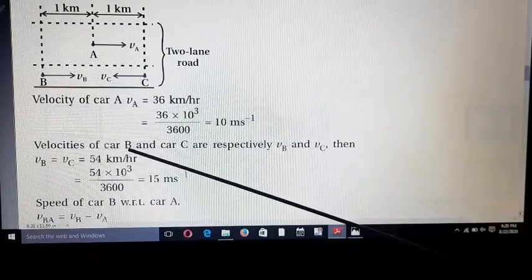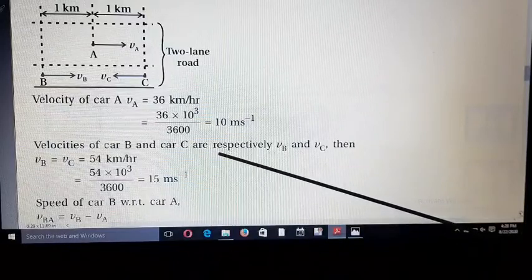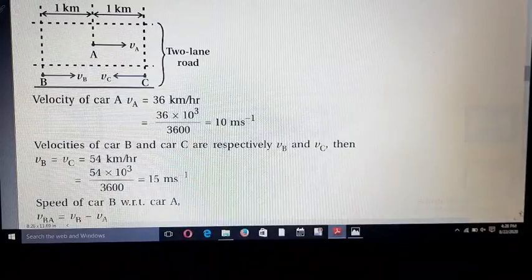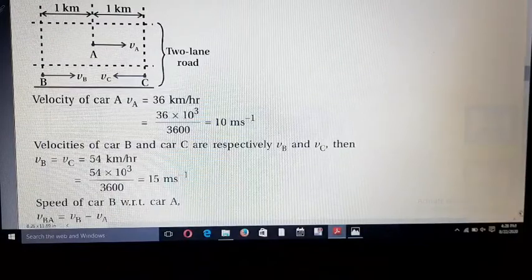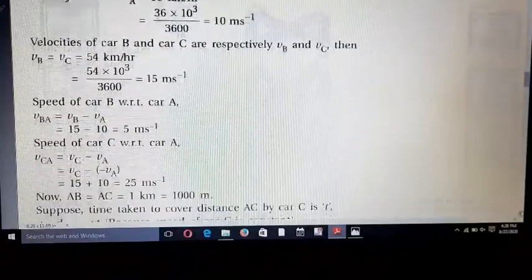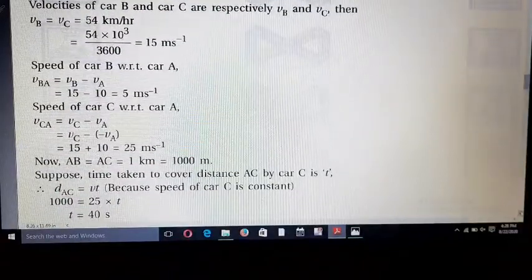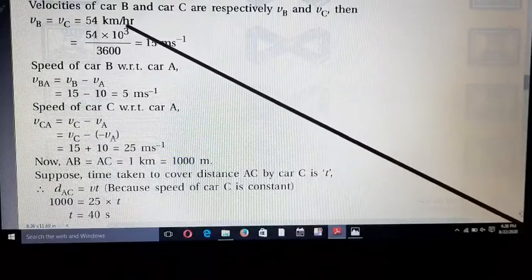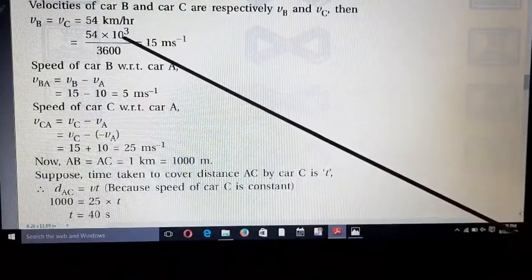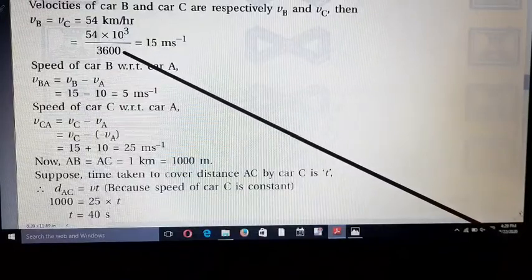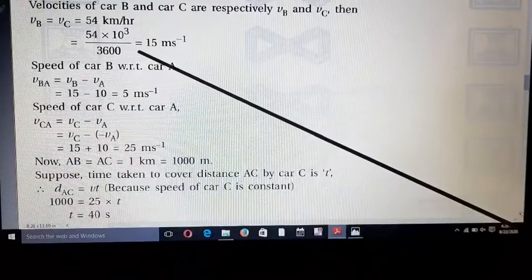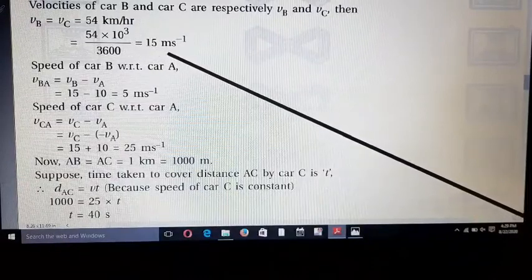The velocities of car B and car C are Vb and Vc respectively, and the velocity is the same for car B and car C. So its value is also converted to meter per second: 54 kilometer per hour means 54 multiplied by 1000 and divided by 3600. You calculate and you will get the answer 15 meter per second.